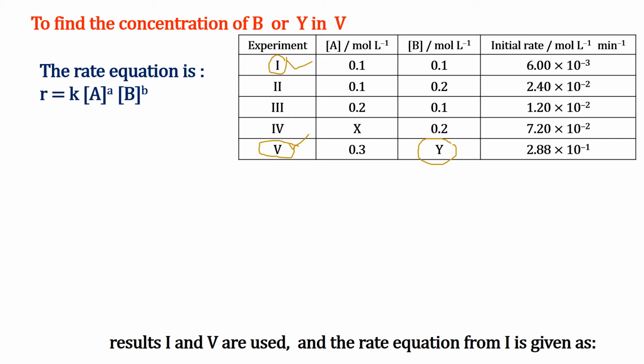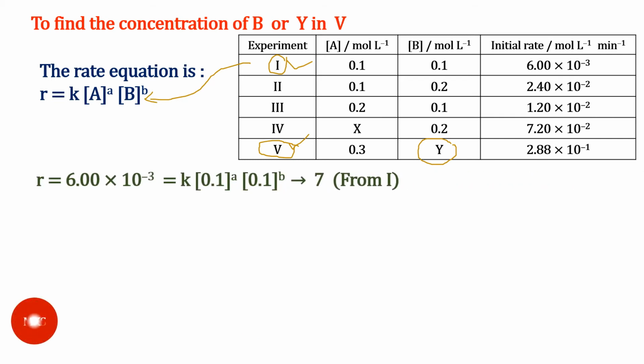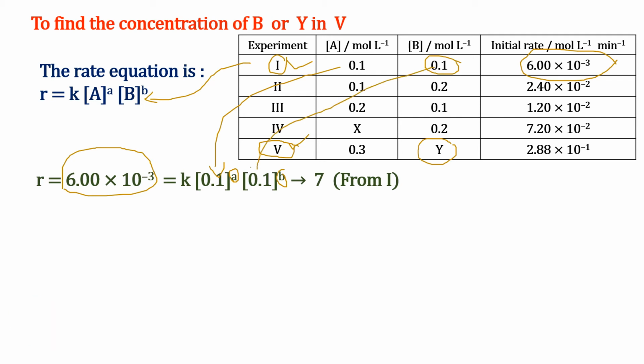The rate equation based on experiment number 1 can be given as R, which is equal to 6.00 into 10 power minus 3, that is the rate of the reaction for experiment number 1, which is equal to K into 0.1 to the power order of A, 0.1 to the power order of B, where 0.1 is the concentration of A in experiment number 1 and the concentration of B is also 0.1 in experiment number 1.